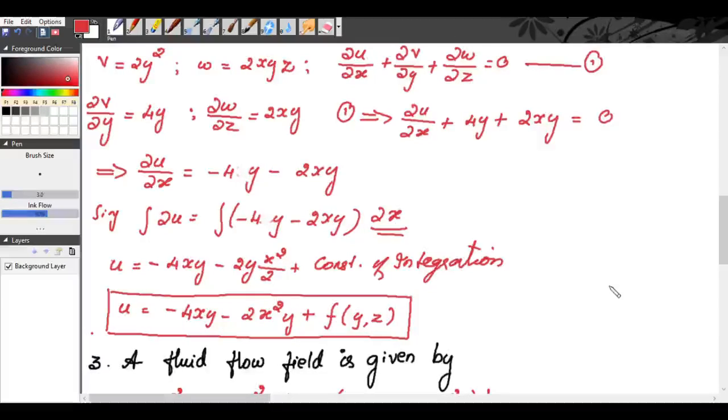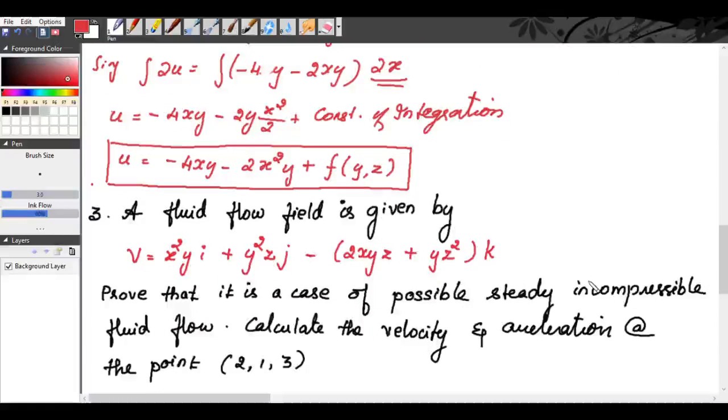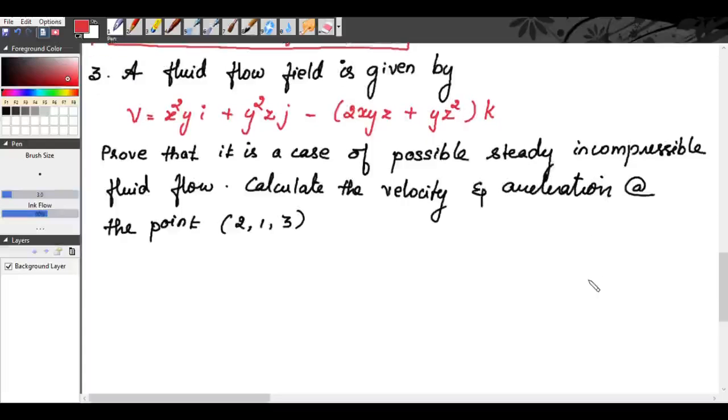Okay. Now we will move on to our third problem. A fluid flow field is given. The total velocity in the flow field is given by v is equal to x square y into i vector plus y square z into j vector minus 2xyz plus yz square into k vector.